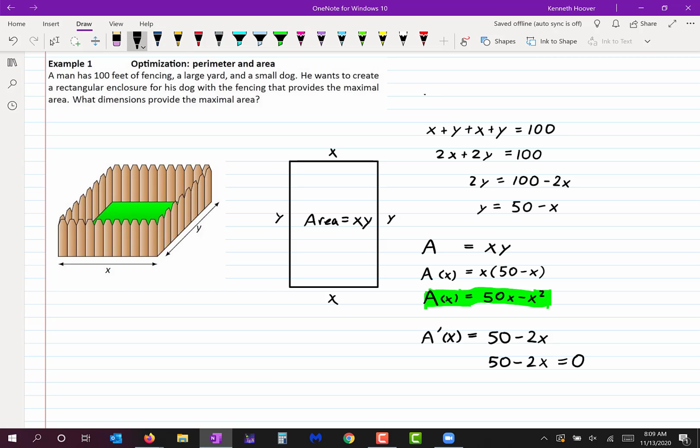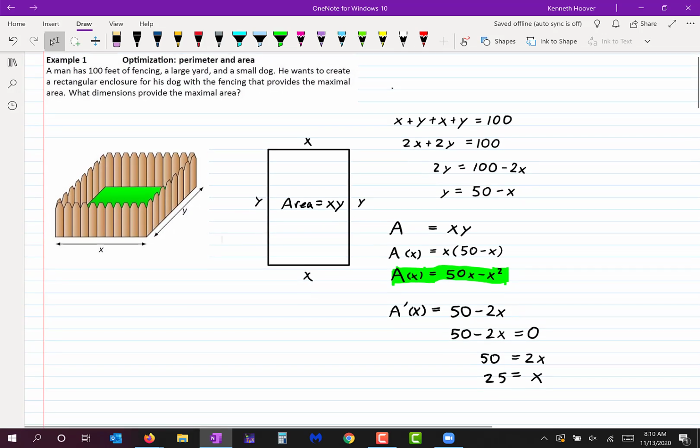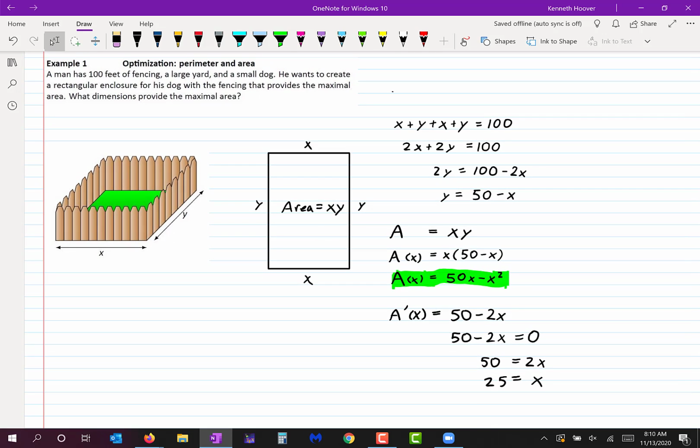And solve for x. So we'll get 50 equals 2x, so 25 equals x. That's the only possible answer that I can find, right? So that must be the answer. But let's check something. What did I just do?